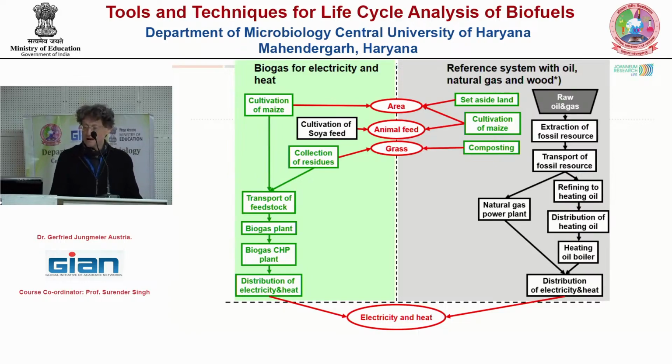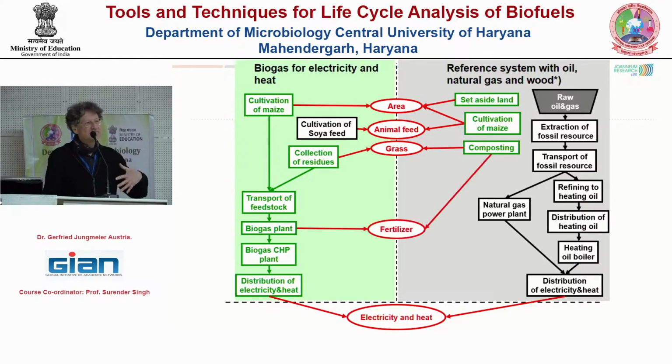Yeah, the grass before was just composted. So there was at least a composting, but the composting gives you a fertilizer. If you compost, you also do that in organic farming. If you compost something, all the nutrients are there and you can reuse them.